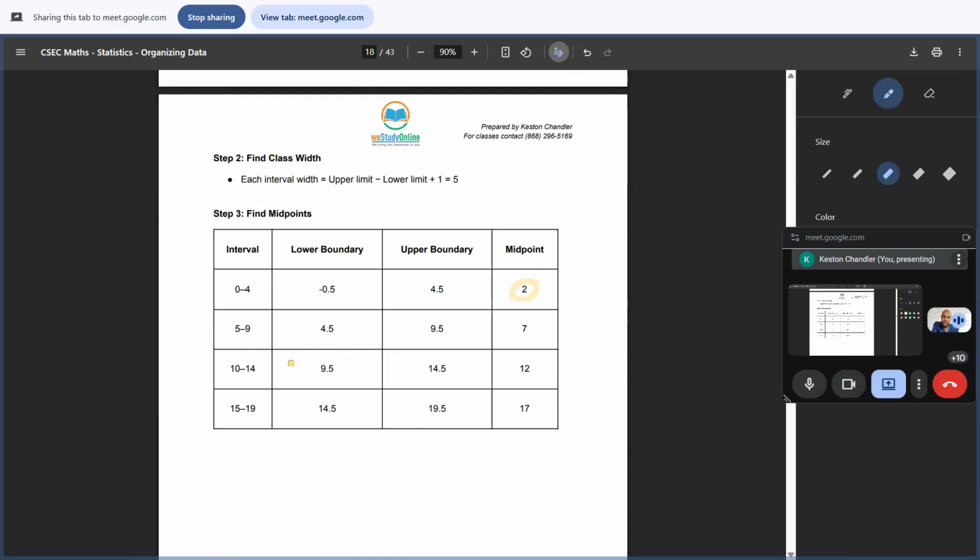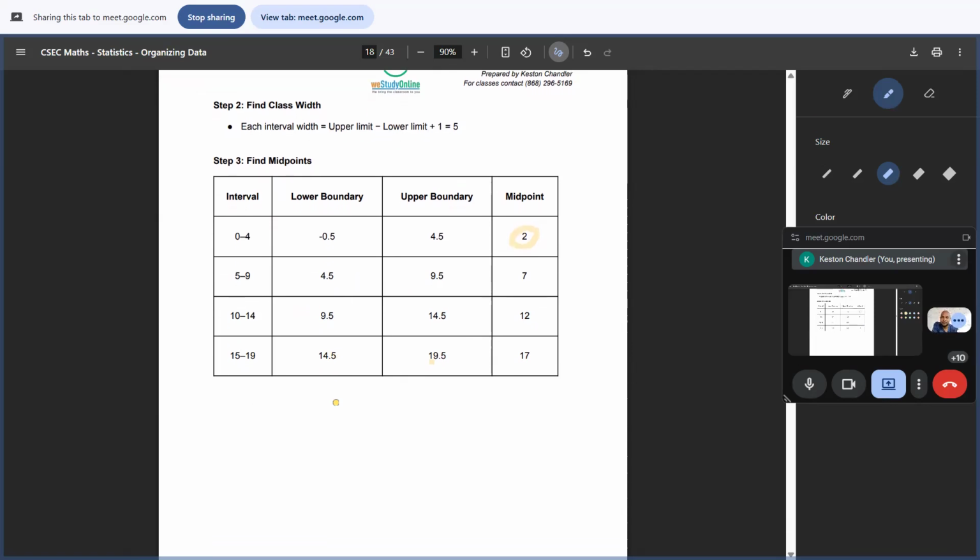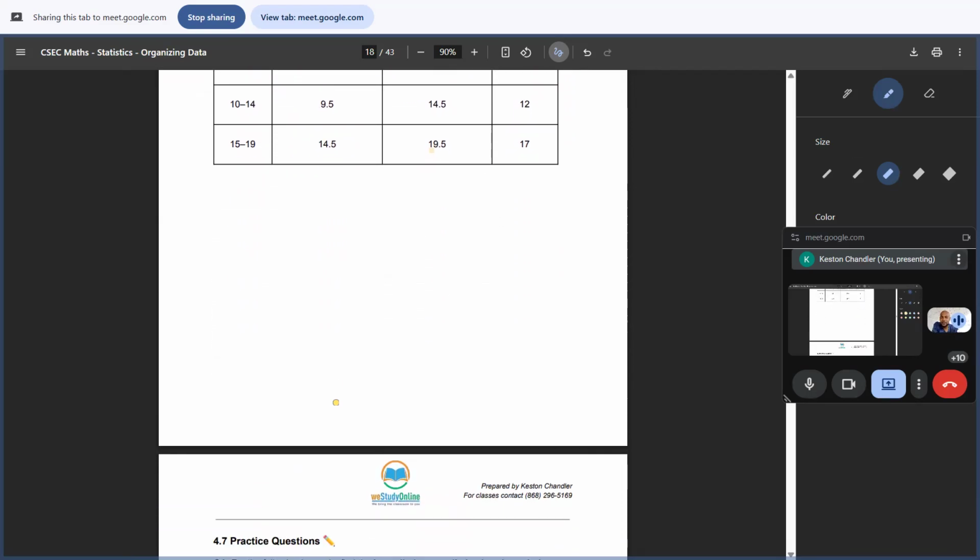Sorry, we add it, not minus it. 4.5 plus 9.5, that will give me 14, divided by 2, that will give me 7. 14.5 plus 9.5, that will give me a total of 24, divided by 2, that will give me 12. 19.5 plus 14.5, that will give me a total of 34, divided by 2, that will give me 17. All right, and that's how we find midpoints.